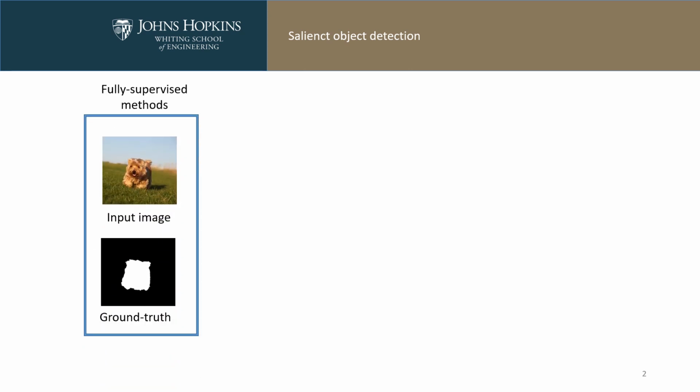Current deep learning based saliency object detection methods can be grouped into three categories. Fully supervised methods require input images and corresponding ground truth labels to train the network weights and perform the saliency object detection task. But to annotate the ground truth labels, it requires humongous human resources and time.